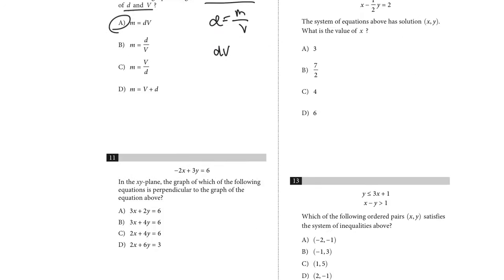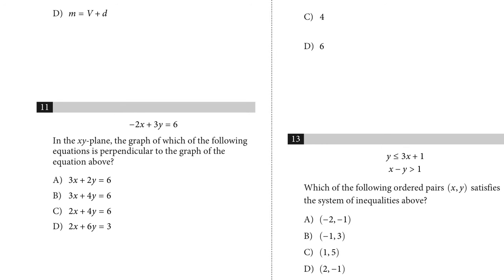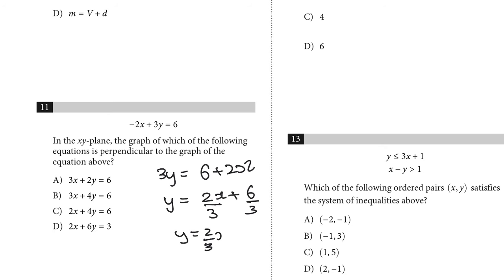So the 11th one, in the xy plane, the graph of which of the following equations is perpendicular to the graph of the equation above? So we'll need to rearrange this. 3y is equal to 6 plus 2x, right? So we have 2x plus 6, and divide each side by 3. That's going to give us 2 by 3x plus 2, right?